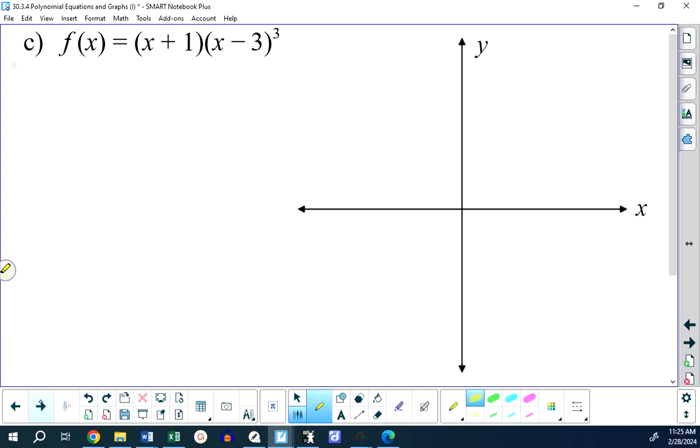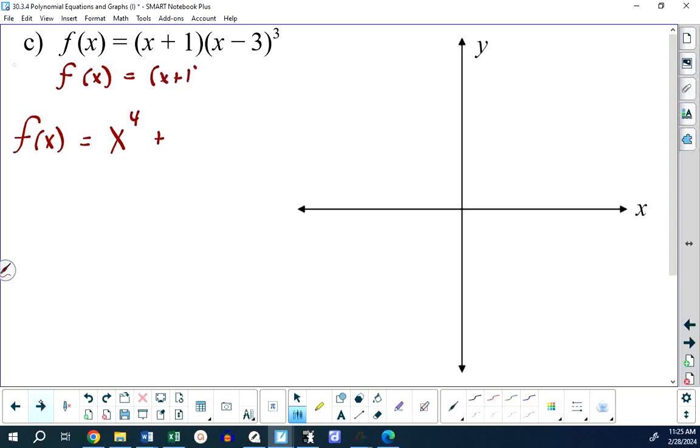Well, I probably shouldn't have to write this out, but if I do, and if you do, you should know it will be x to the 4 plus a whole bunch of stuff, right? Because this is really x plus 1, and then times x minus 3 times x minus 3 times x minus 3.